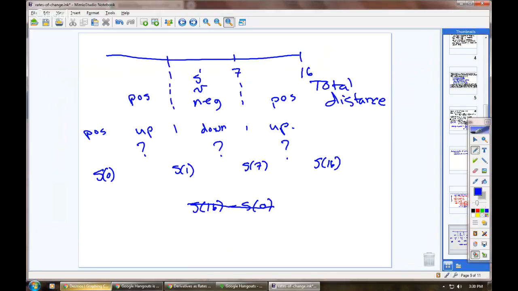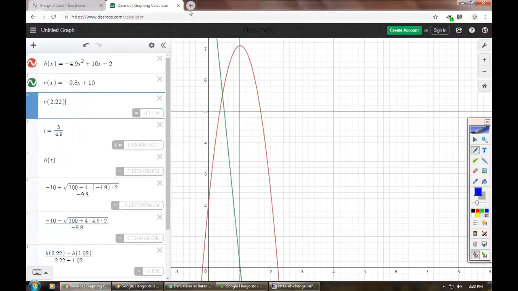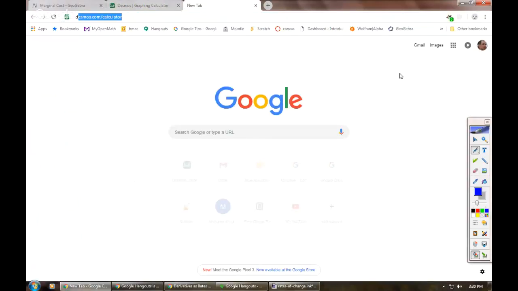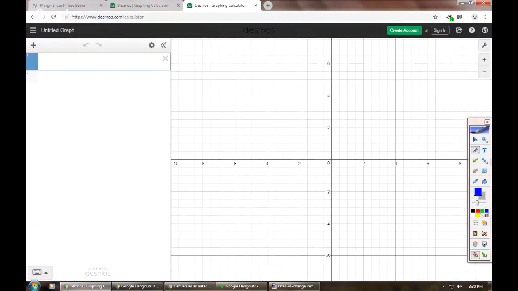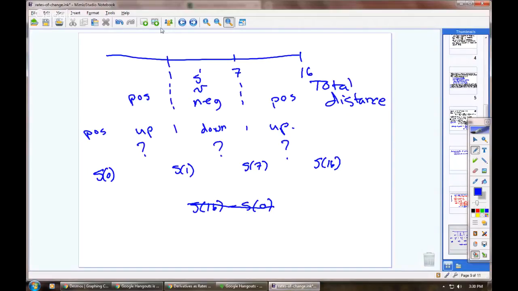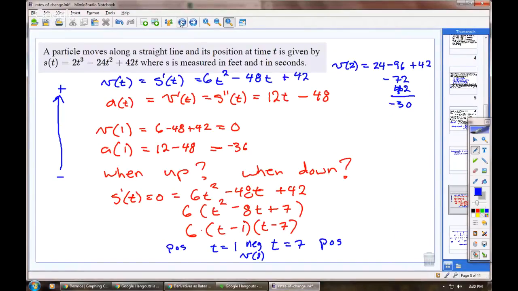So Desmos to the rescue. Get a new screen for that. And remind me of my function: 2t cubed, minus 24t squared, plus 42t.